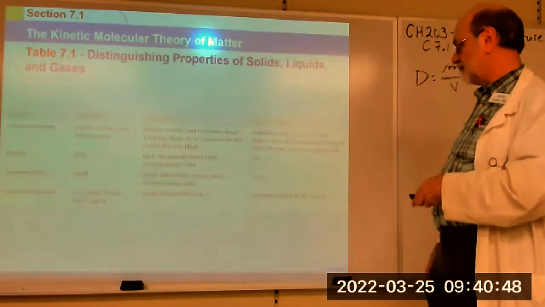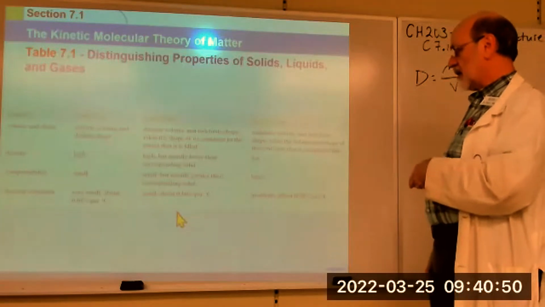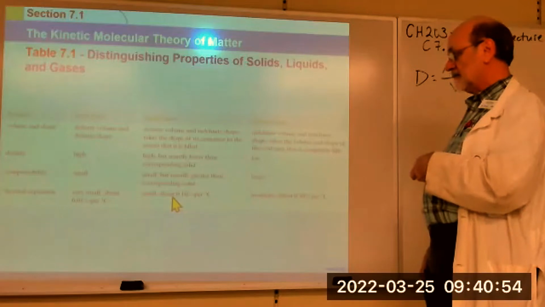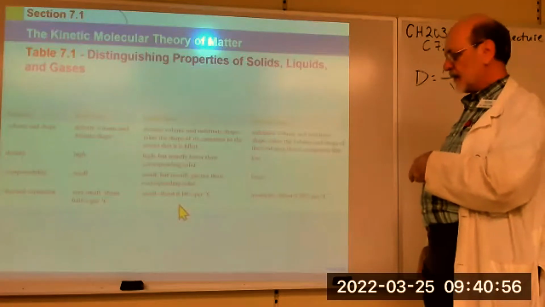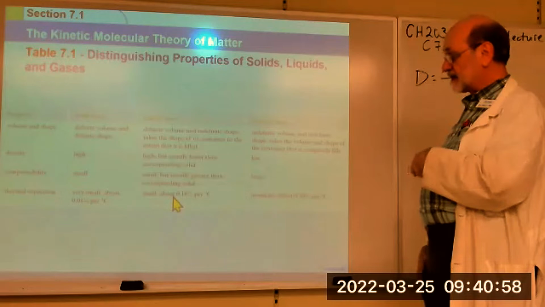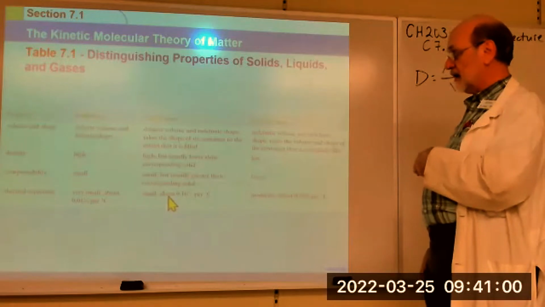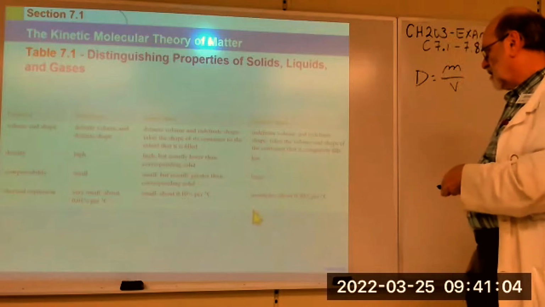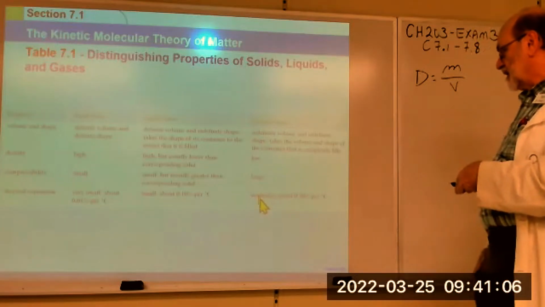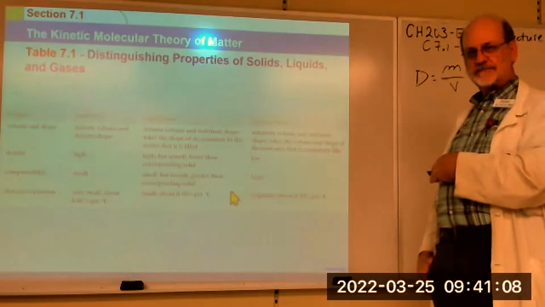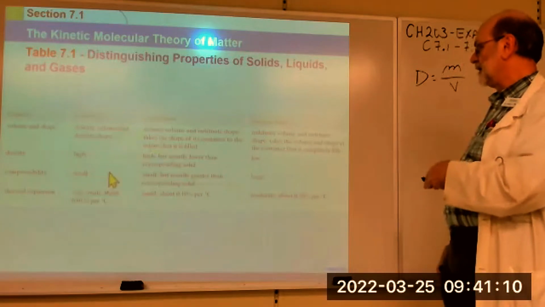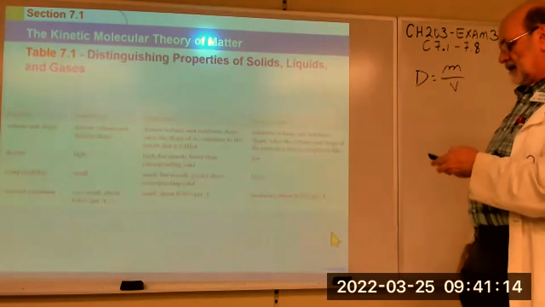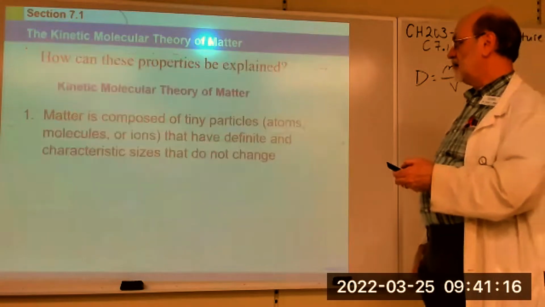Okay, liquids. Liquids generally have a small thermal expansion, but it's a little more than solids. And then gases have a moderate thermal expansion. Okay, those are general characteristics. Physical properties.